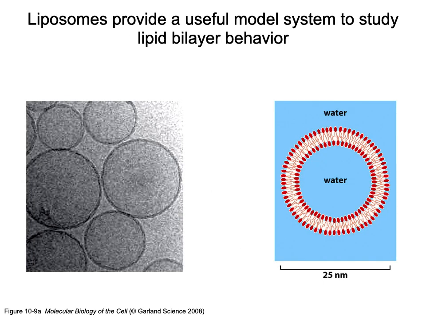So liposomes are an example of a structure that is a way for us to look at and study lipid bilayer behavior. Liposomes are really just these membrane structures that are made up of phospholipids. They're being exposed to water on the outside and inside.